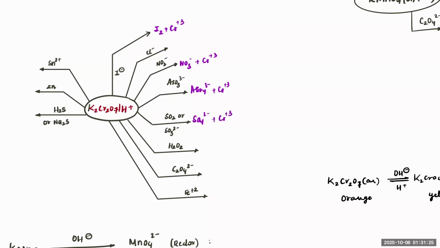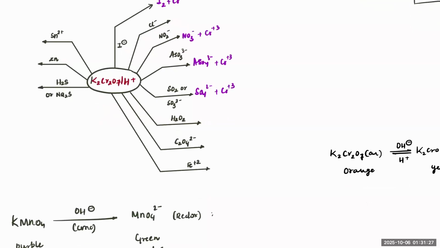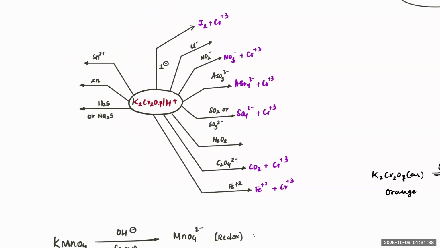And oxalate gives CO2 plus Cr plus 3, iron plus 2 gives iron plus 3 plus Cr plus 3, tin plus 2 gives Sn plus 4 plus Cr plus 3, zinc, and colloidal sulfur with Cr plus 3. So these reactions are exactly the same in all these cases.